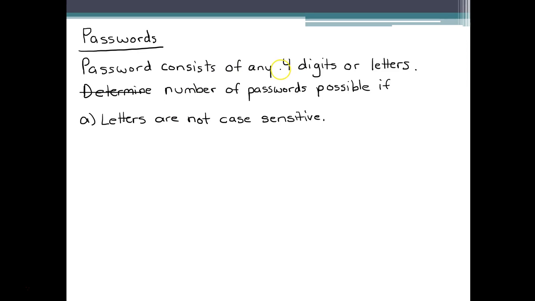Also, it's important to note, repetition is permitted. That makes a difference. If repetition is not permitted, that makes a difference too. All right, repetition is permitted.